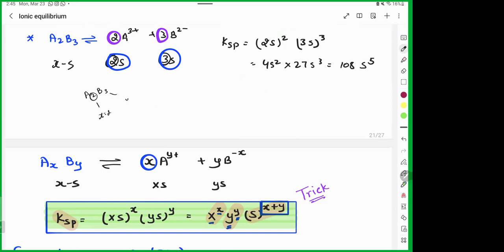What is your y number? 3. We said x raised to power x, it means 2 raised to power 2. y raised to power y, 3 raised to power 3. Solubility: what is the power? 2 plus 3. Correct? You got the answer. 2 raised to power 2 is 4, 3 raised to power 3 is 27, S raised to power 5. 108 S5.